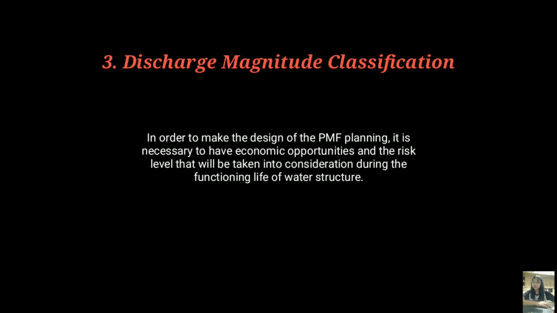In order to make the design of the PMF planning, it is necessary to consider economic opportunities and the risk level that will be taken into consideration during the functioning life of water structures. The risk level decision must be assumed at the beginning of all the planning and project design. There is a direct relationship between the risk level and the economy of the project.